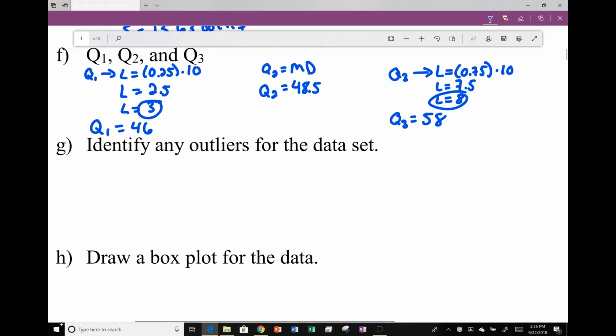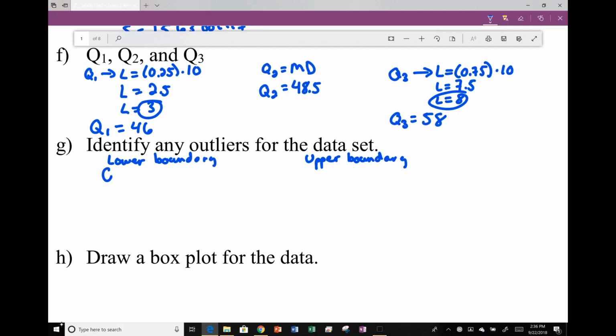Now part G asks us to identify any outliers for the data set. So whenever we're finding outliers, we have to find what we call the lower boundary and the upper boundary. And anything outside of these boundaries are considered outliers.